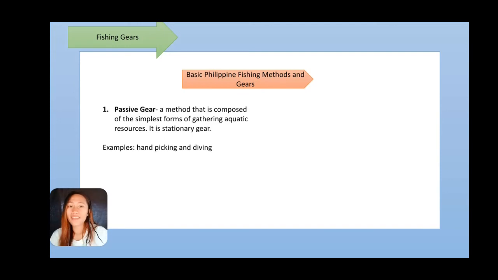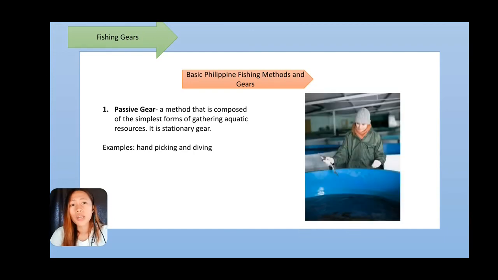So, we have the passive gear. Passive gear is a method that is composed of the simplest forms of gathering aquatic resources. It is stationary gear. So, the passive gear is the simplest, relaxing. You don't use much of your energy in catching fish with this passive gear.